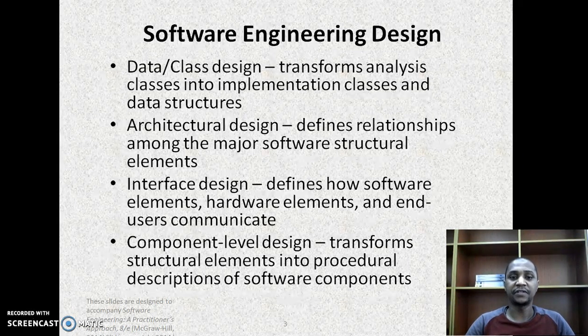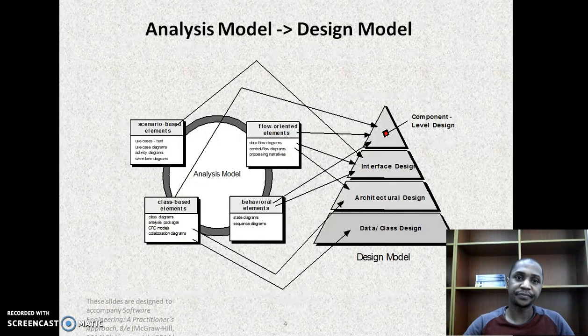There is interface design, which defines how software elements, hardware elements, and end users communicate. We have component-level design. This transforms structural elements into a procedural description of software components.